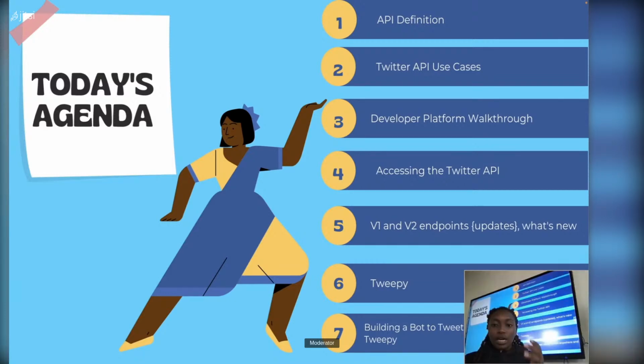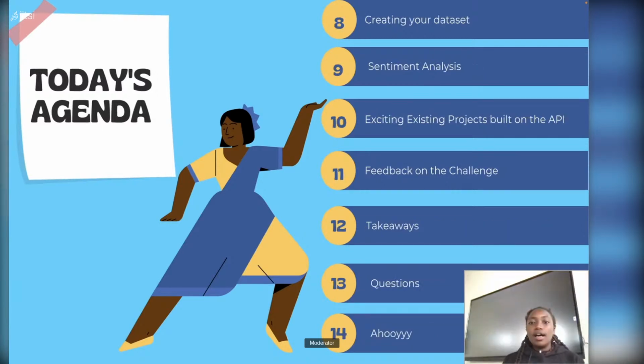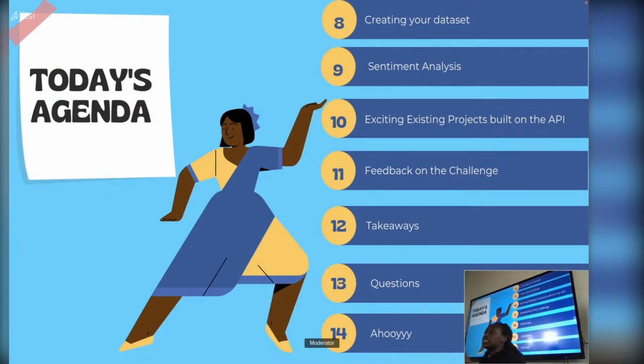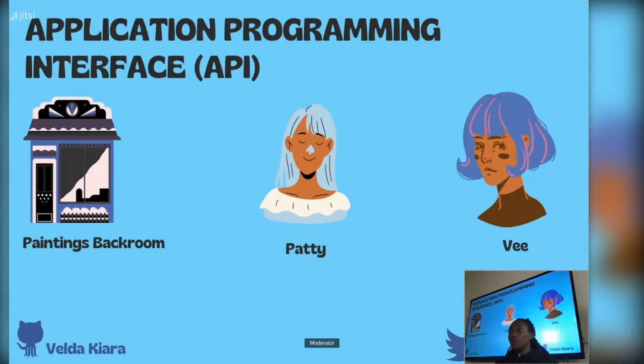Well, I hope time allows, but if it doesn't, I'll just show you the main one. And then we'll be looking at existing projects that have already been built. And then we'll talk about slightly the challenge that was here a couple of weeks ago, that people won nice swags due to participating. And then, if you want to also join the community, I'll share links. So that's basically what we're going to be doing today.